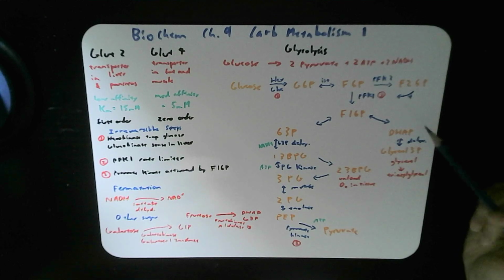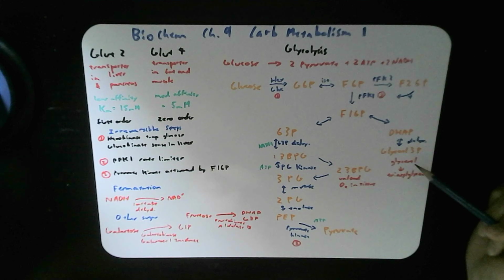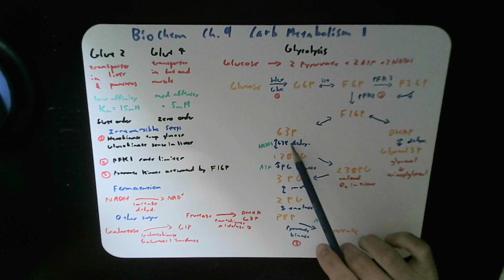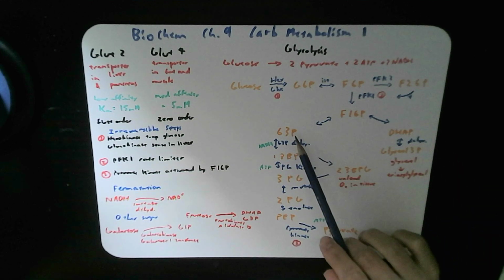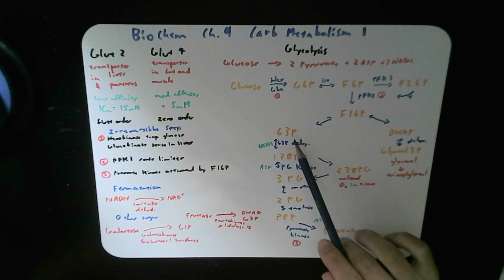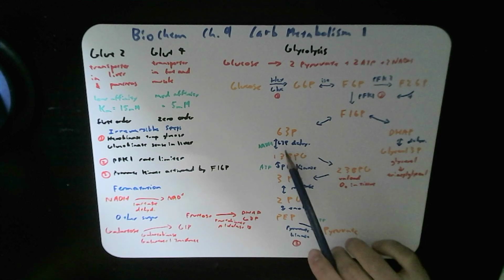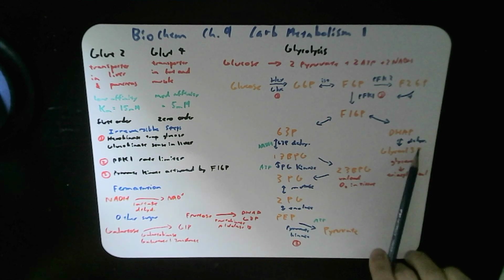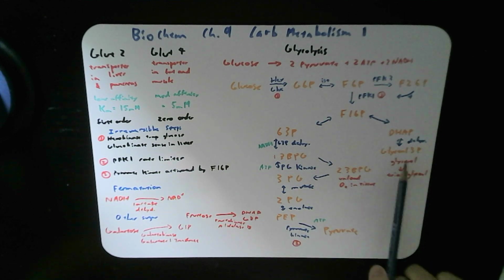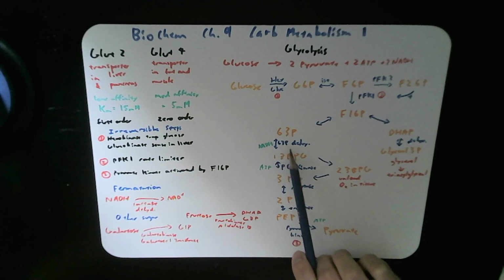In the DHAP pathway, it uses glycerol 3-phosphate dehydrogenase to turn into glycerol 3-phosphate, which can later be turned into glycerol, triglycerides and fatty acids. In the main pathway, it turns into G3P, glyceraldehyde 3-phosphate, and it uses glyceraldehyde 3-phosphate dehydrogenase, not to be confused with glycerol 3-phosphate dehydrogenase, the glycerol and the glyceraldehyde.